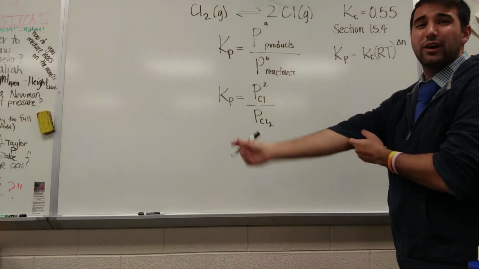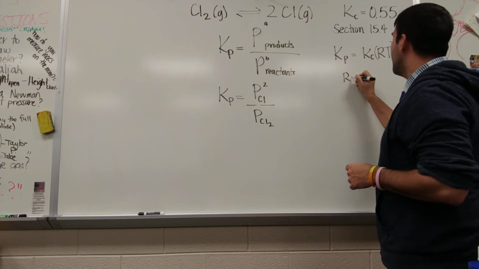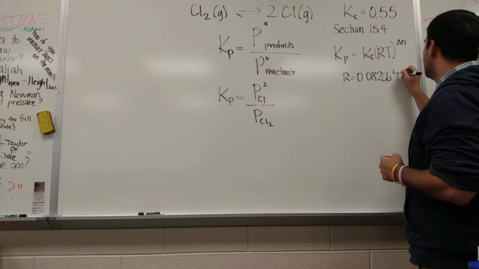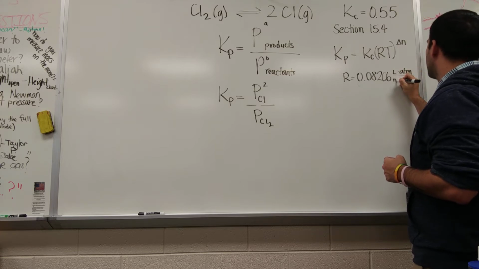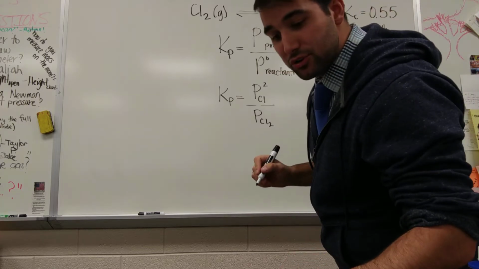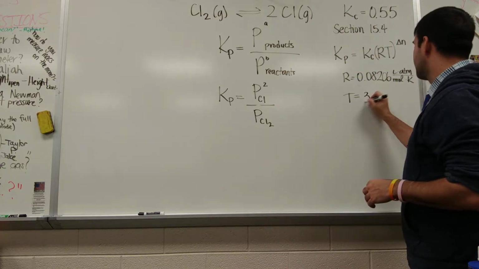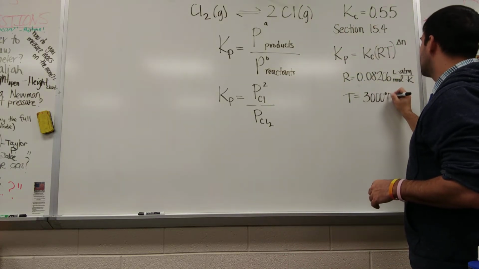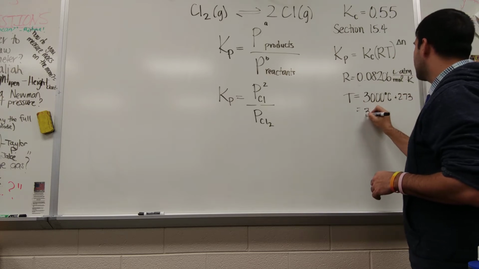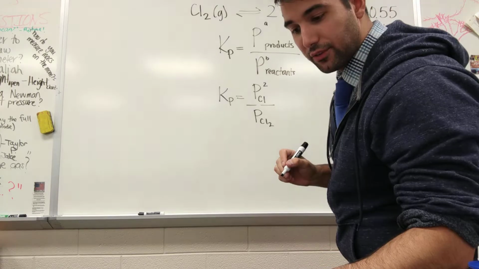Remembering from our entrance task from 2 days ago, my R value is the gas constant, 0.08206 liters times atmospheres per mole Kelvin. My temperature was 3,000 degrees Celsius. Now, my temperature needs to be in Kelvin, so I need to add 273, and I get 3,273 Kelvin. That's the temperature for this problem.